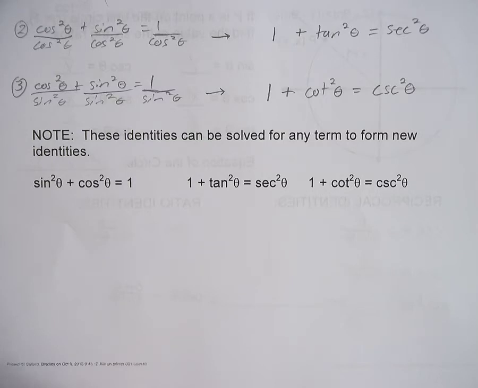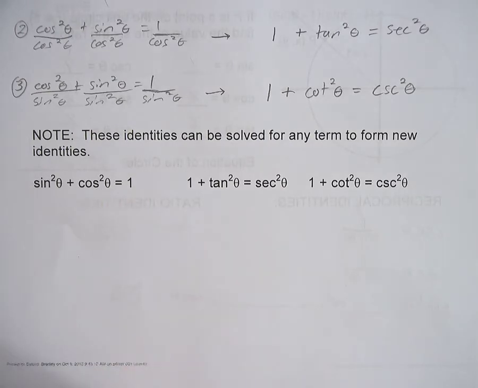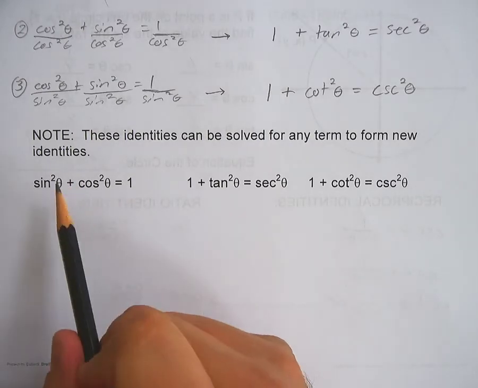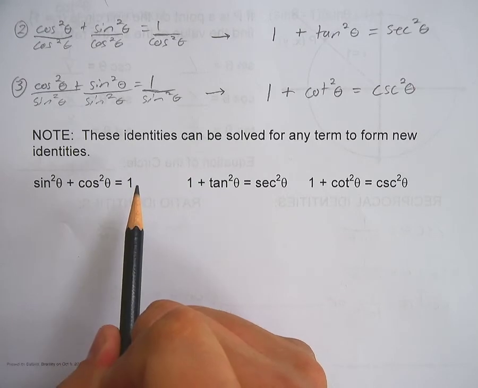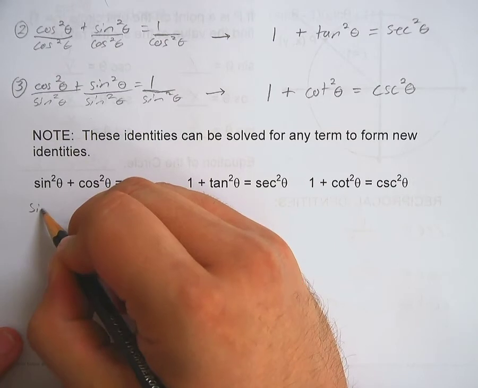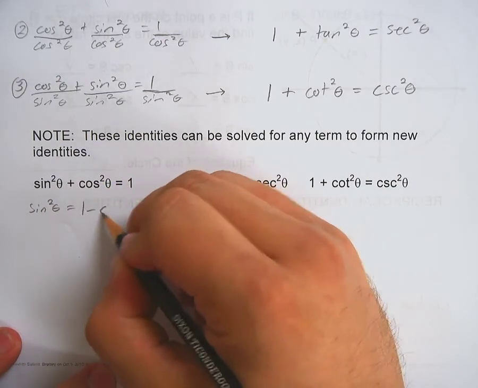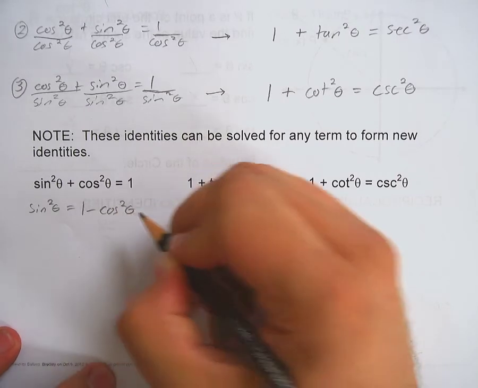Like A squared is C squared minus B squared, that kind of stuff. So for the first one, sine squared plus cosine squared theta equals 1. Let's say we solve for sine squared and we move the cosine over here. Just subtract cosine squared. Sine squared theta is 1 minus cosine squared theta.